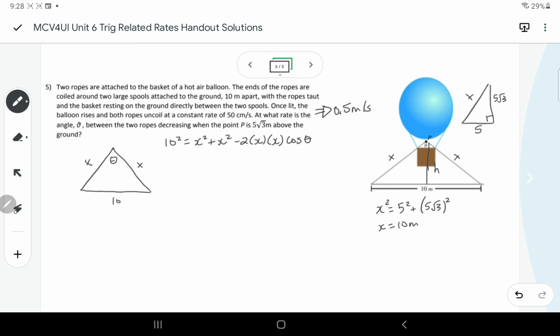And we can simplify this in probably a lot of different ways. We'd have 100 equals 2x squared minus 2x squared cos theta. We could keep this as is, and when we do the derivative, we'll have to do the product rule, or I could divide out by 2x squared on each side, which might actually be a little bit easier.